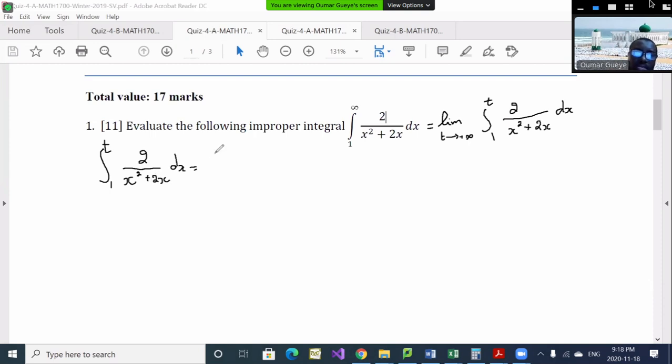The partial fractions expansion says you factorize the denominator: 2 over, I'm just going to factor out x, and I'll get x plus 2, dx.